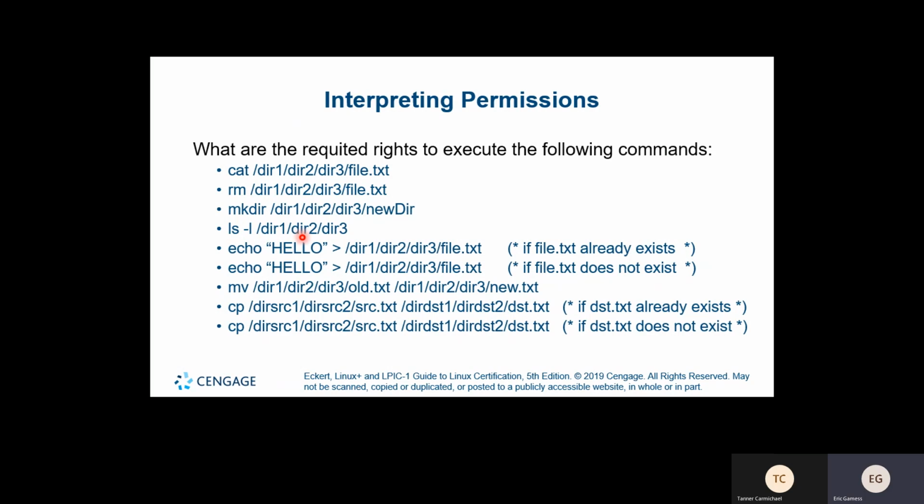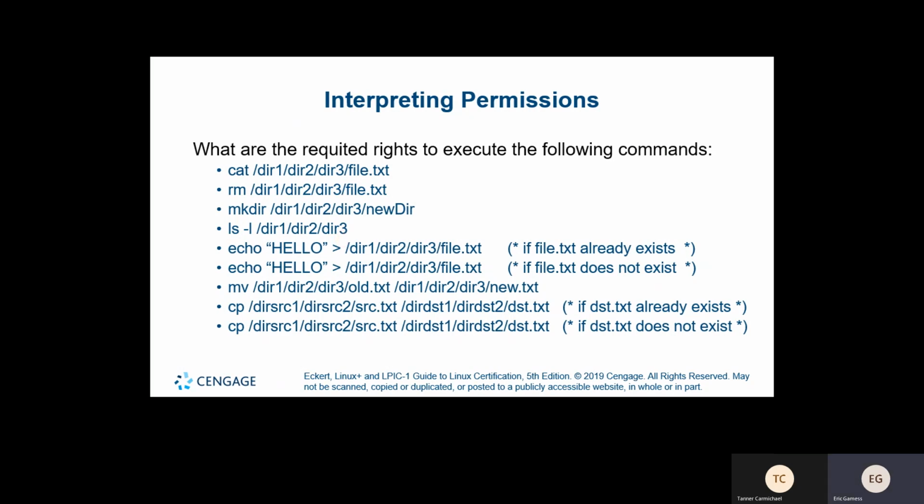Just X. What about directory 3? I need R on X, because R is the one that allows me to get a listing. So I need R on X. If I don't have R on X, I will not be able to execute this command successfully.